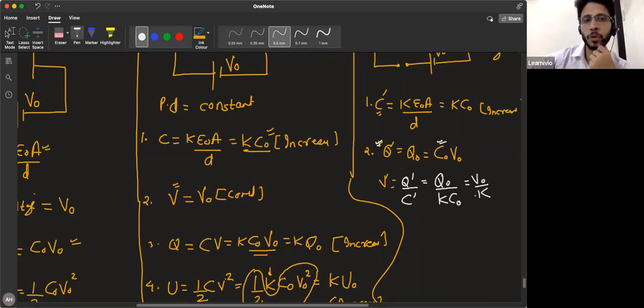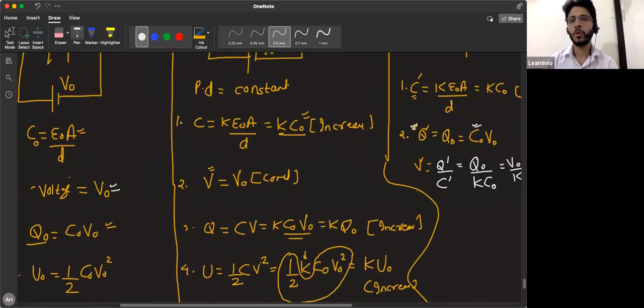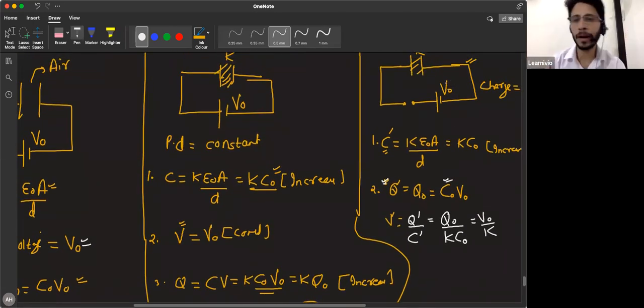So what happened with the voltage? Initially, voltage is V naught. When you introduce a dielectric slab and remove the battery, the voltage is V naught by K. Earlier it was V naught, now it is V prime, and V prime is V naught divided by something.